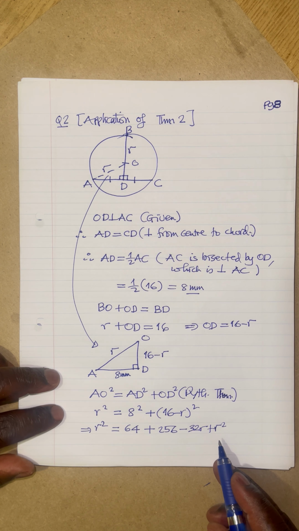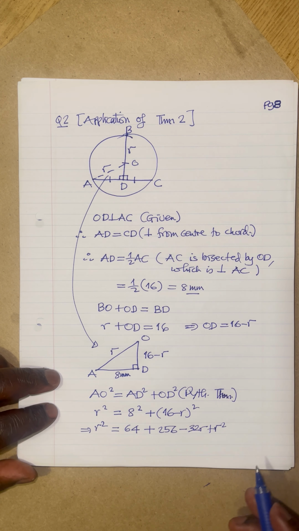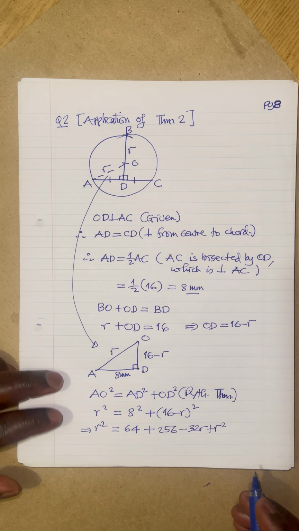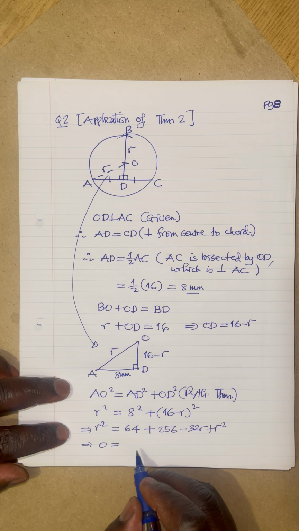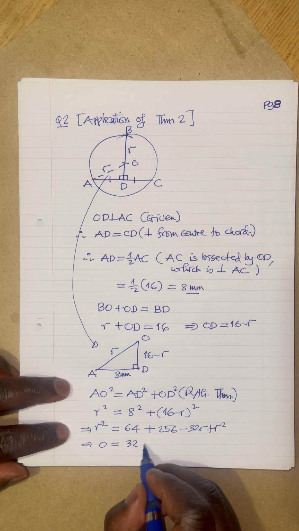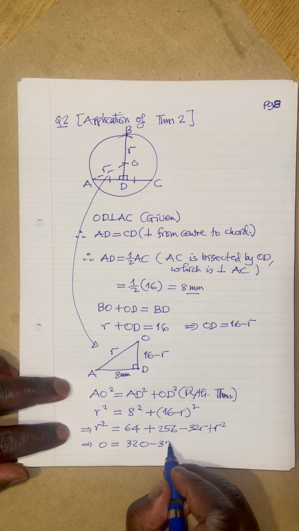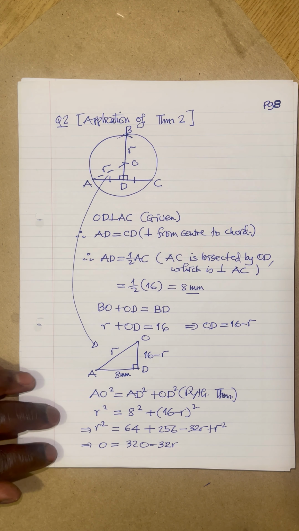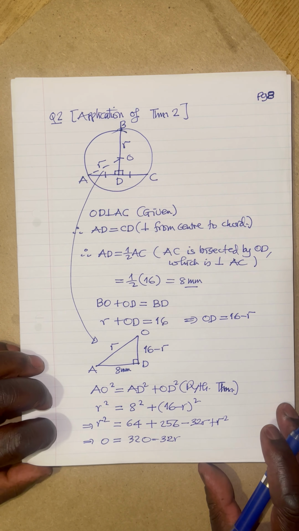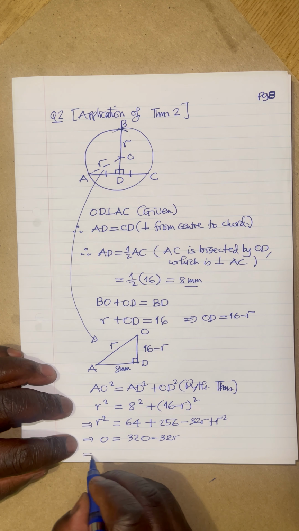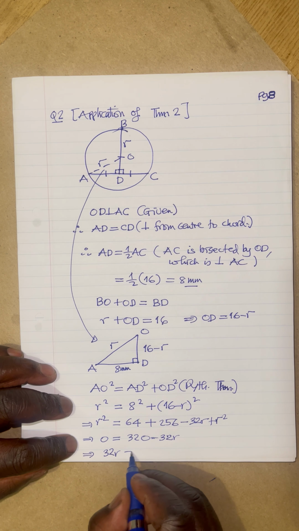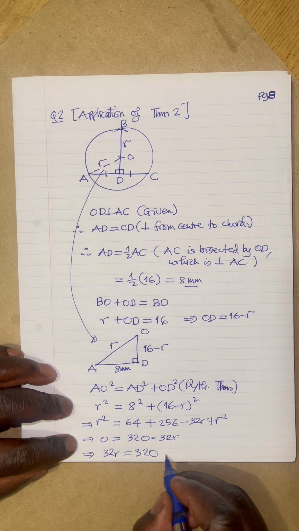Again, you can see that if you subtract R squared from both sides, you're going to have 0 is equal to, these two, adding them up is actually 320 minus 32R. Bring 32R to the left, or add 32R on both sides, you're going to get 32R equals 320.